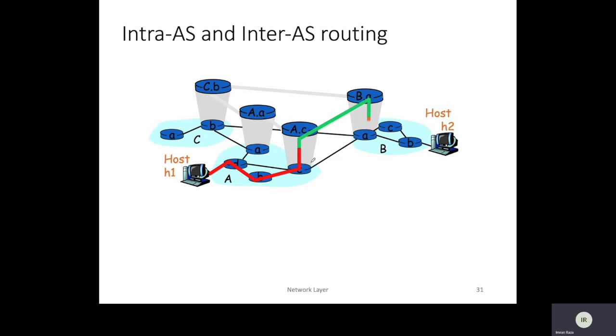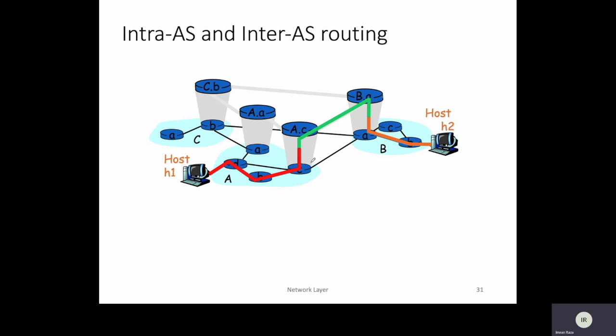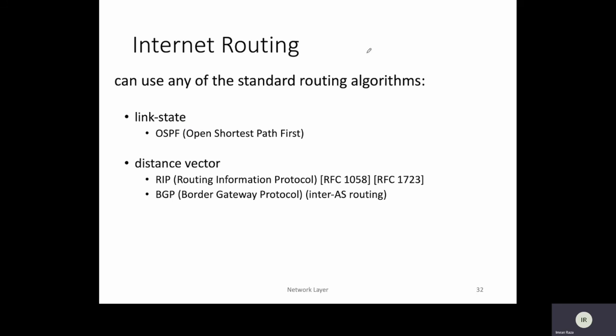And then again at autonomous system B, we have routing to do within the autonomous system B, means intra-autonomous system routing. Okay, and as I discussed earlier, we can have different protocols for intra-autonomous system routing, but for inter-autonomous system routing, means for this link, there is a de facto standard that is called Border Gateway Protocol version 4.